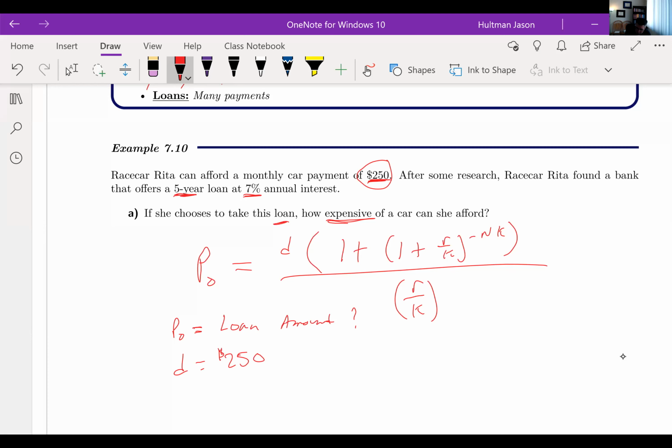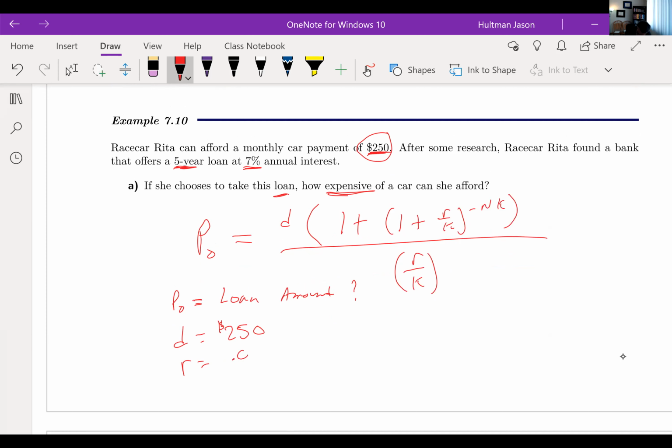What about R? What's the interest rate? Well, the annual interest rate is 7%. So that's going to be 0.07. What about K? K is the number of payments per year. Thank you, Paola.